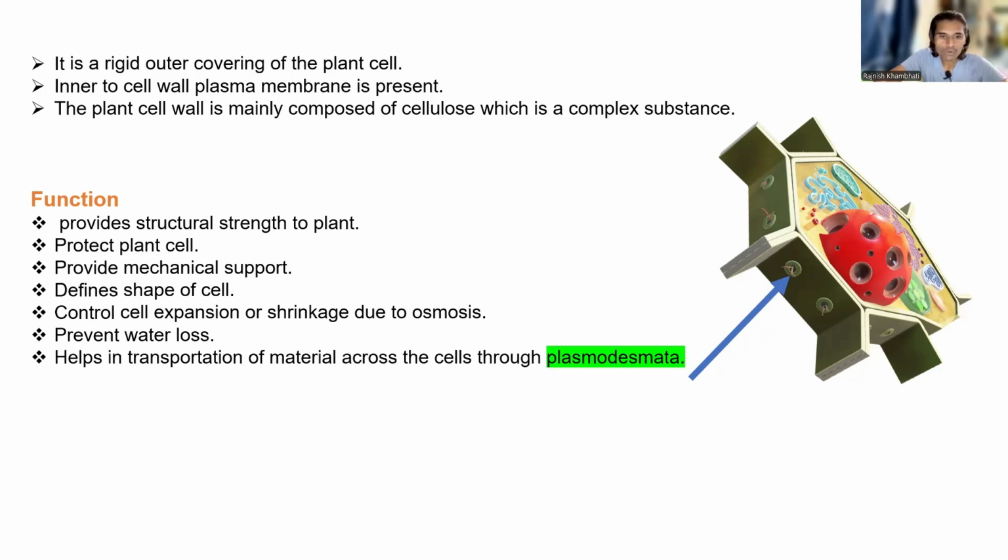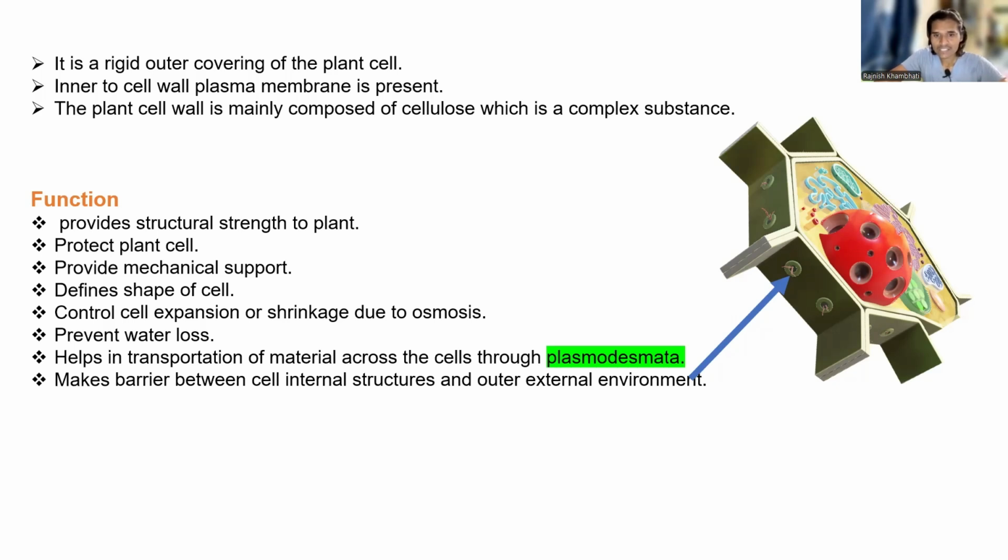It helps in transportation of material across cells through the plasmodesmata. You can see the arrow showing a small pore-like structure in the cell wall. That pore is known as plasmodesmata. It allows two plant cells to contact each other, through which some material can be exchanged between two cells. The cell wall makes a barrier between the cell's internal structure and the external environment.